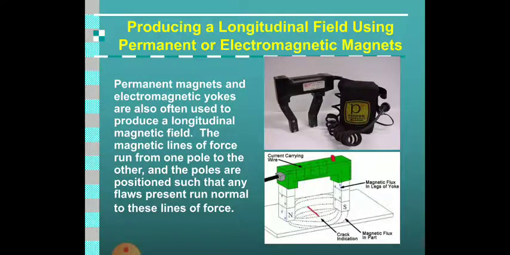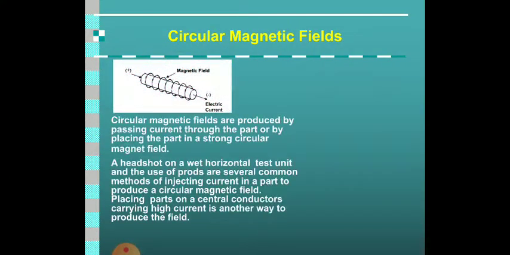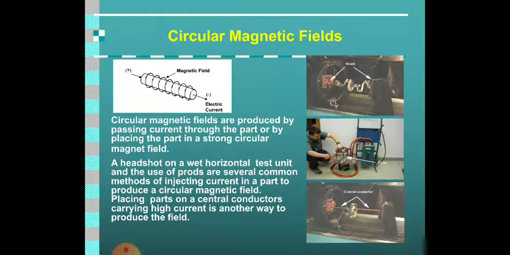Then there is another method, the circular magnetic field. Circular magnetic fields are produced by passing current through the part or by placing the part in a strong circular magnetic field. An induced magnetic field is provided to the workpiece on a wet horizontal test unit, and the use of probes are several common methods of injecting current in a part that we discussed to produce a circular magnetic field.